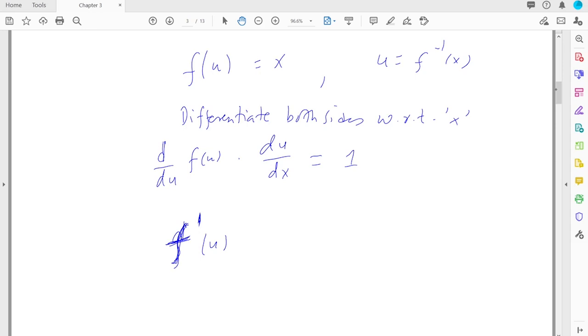That times the derivative of f inverse equals 1. So to find the derivative of the inverse function, we just divide both sides by f prime at u, if it's non-zero, and that gives us the derivative of f inverse at x equals 1 over f prime at u, where u means f inverse of x. That's the value of the inverse function at that x.